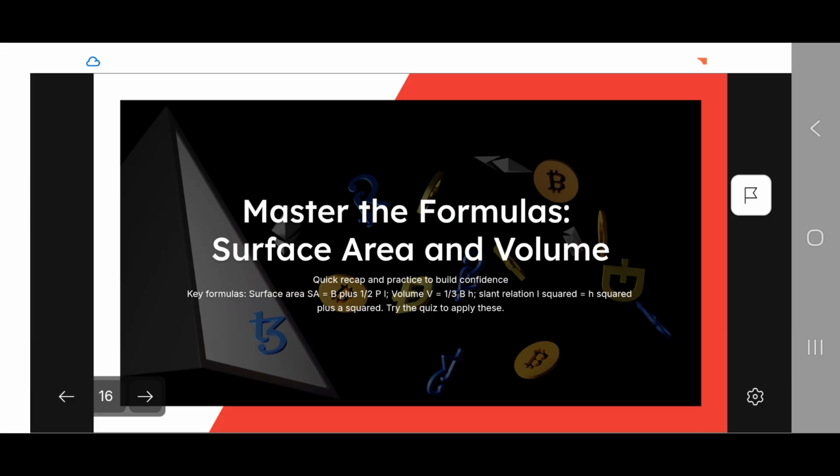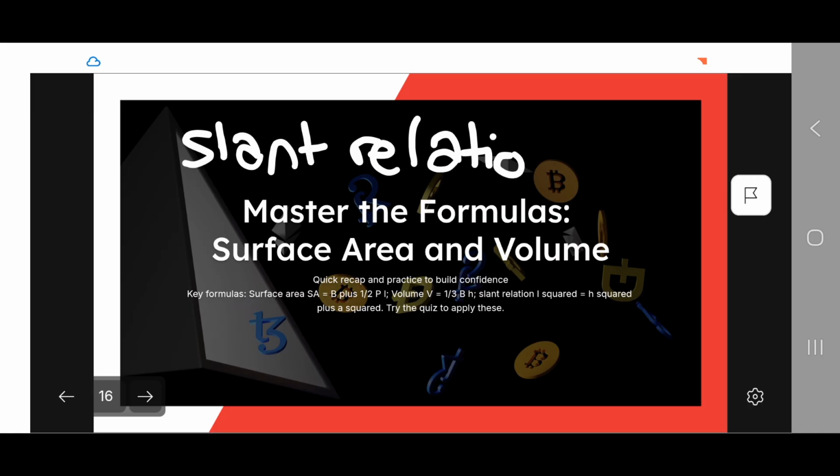Okay, so the slant relation: l squared is equal to h squared plus a squared.